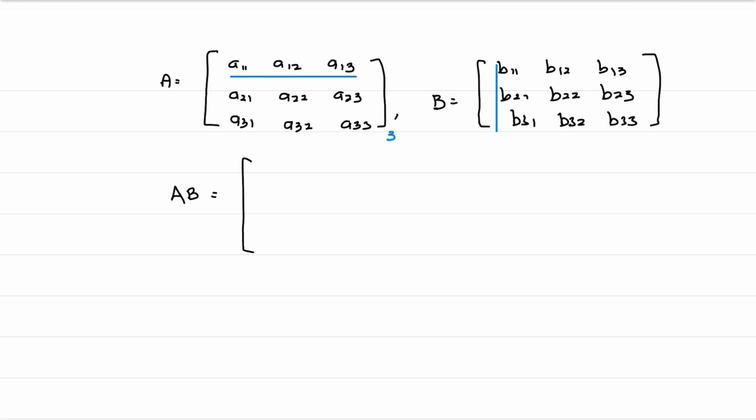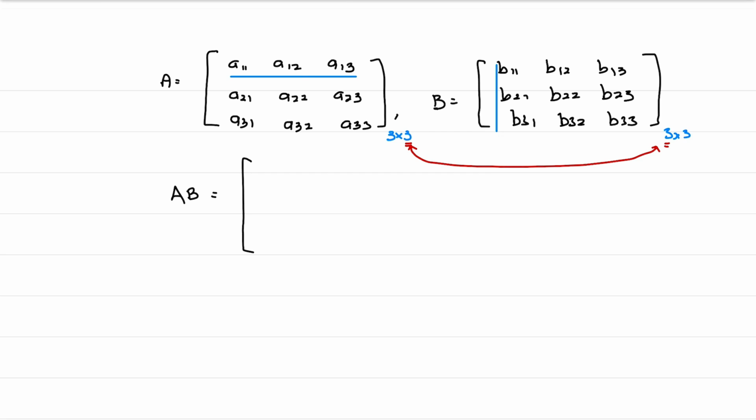It is a 3 by 3 matrix. Here the number of columns in A, that is 3, and the number of rows in B, that is 3, these both should match. Then only we can multiply.